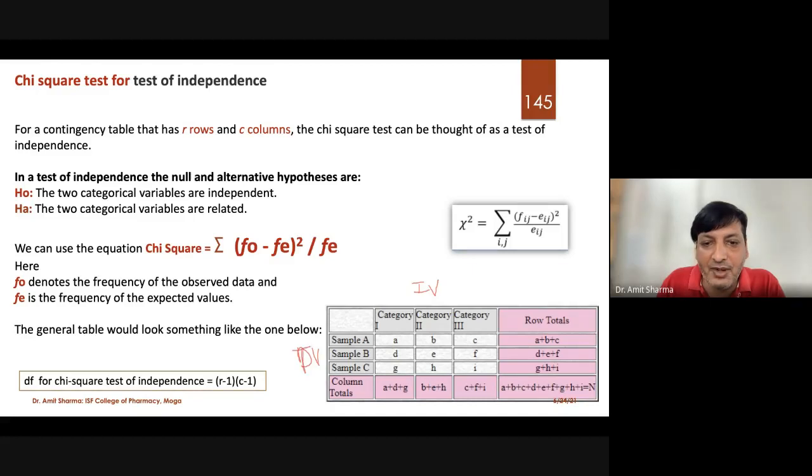Independent variable is always called the sample, and the dependent variable we write on top. So under the dependent variable we have 3 categories, and under the sample we have 3 different samples. So 3 by 3, total will be 9. That total 9 categories are there to evaluate. So this will be called a contingency table.